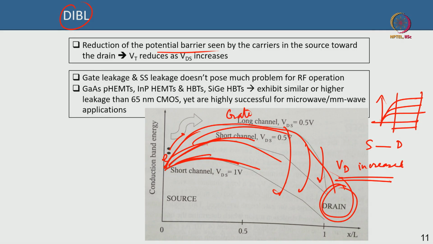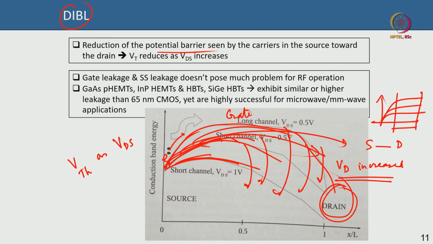Which means your threshold voltage will reduce as the drain voltage increases, and that should not happen. With any drain voltage, your threshold voltage should remain the same, but that does not happen. So this is very important.